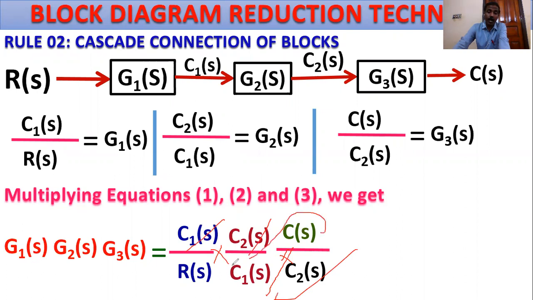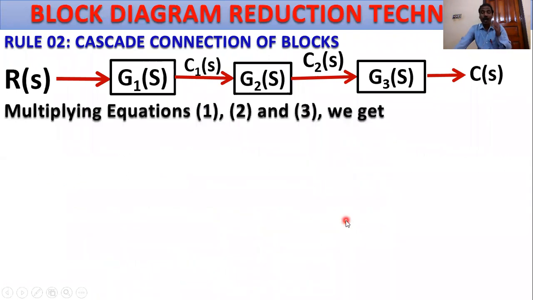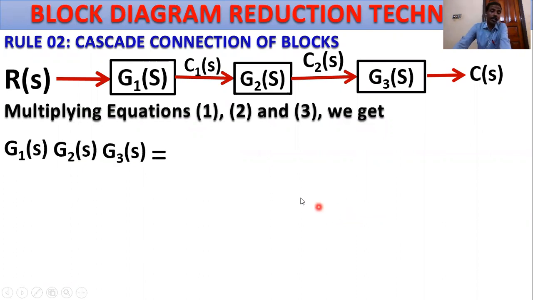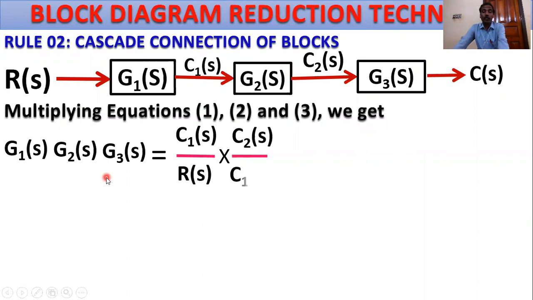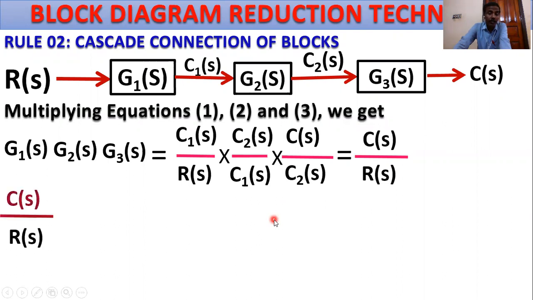So only C(S) by R(S) remains, the output of the system. Multiplying both sides, G1(S), G2(S), G3(S) equals C1(S) by R(S) into C2(S) by C1(S) into C(S) by C2(S), which is equivalent to C(S) by R(S).